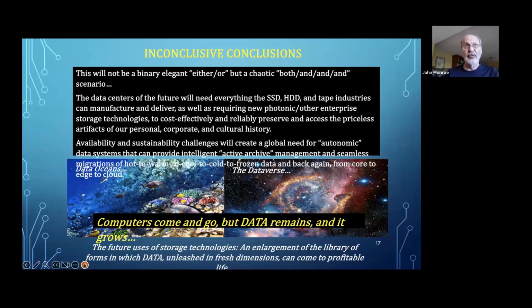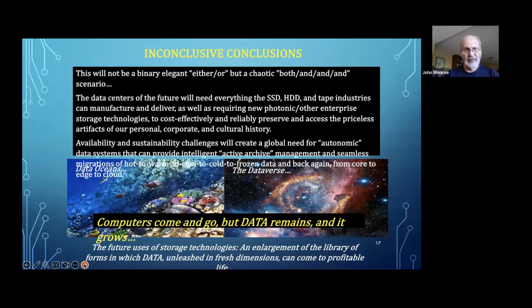All the data centers of the future are going to require everything the hard disk drive, solid state drive, tape, and photonic and other storage technologies can throw at it. To do what? To cost effectively and reliably preserve and access the priceless artifacts of our personal, corporate, and cultural history.